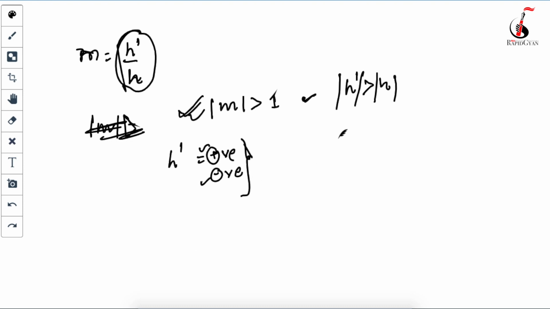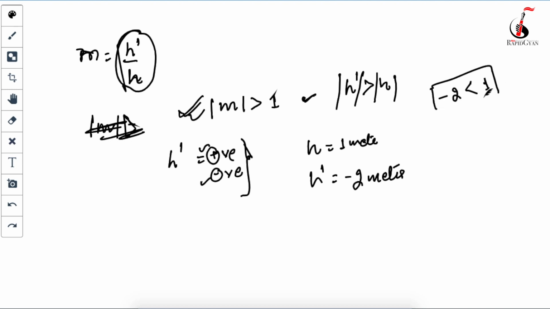But suppose the height of an object is 1 meter and its image height is minus 2 meter. We know that minus 2 is less than 1, but it doesn't mean that the height of the image is less than the height of the object. Don't get confused.